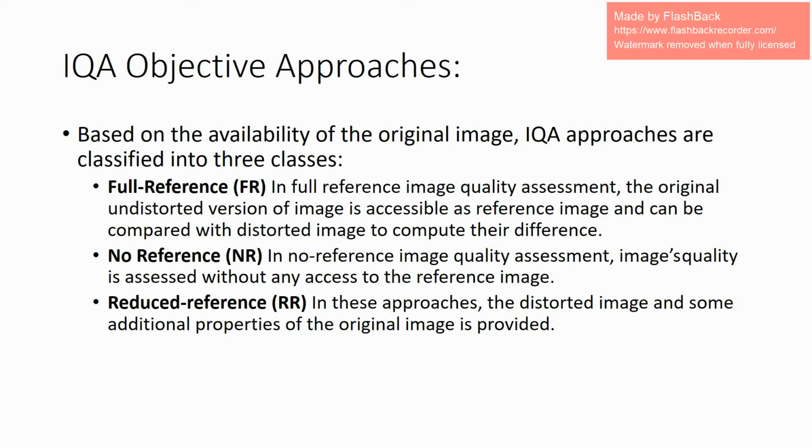In no reference or NR image quality assessment, image quality is assessed without any access to the reference image. And finally, in reduced reference or RR image quality assessment, the distorted image and some additional properties of the original image are provided.